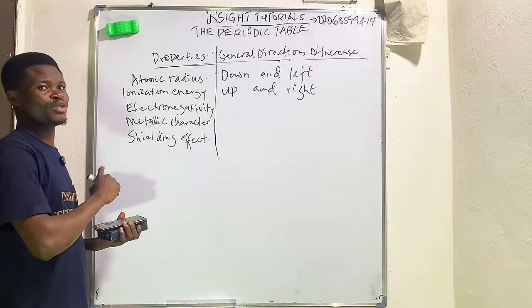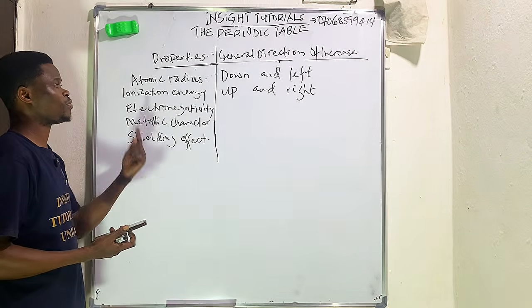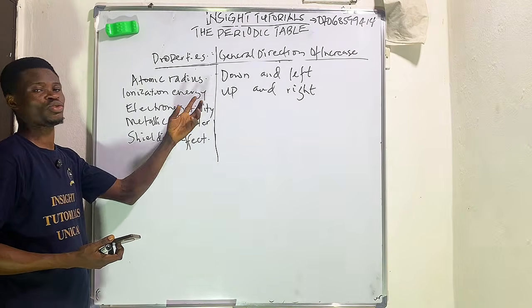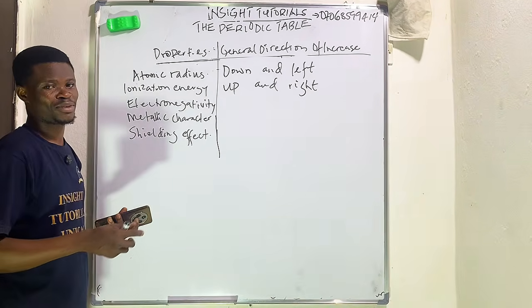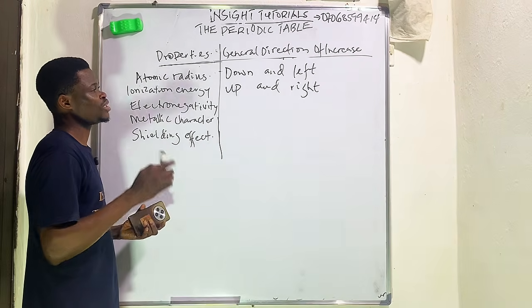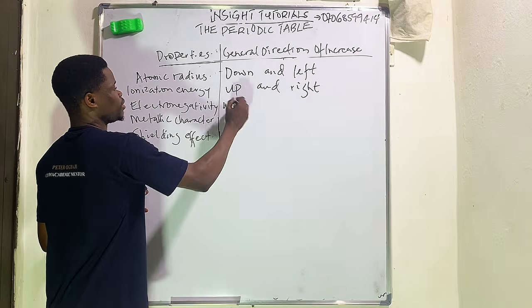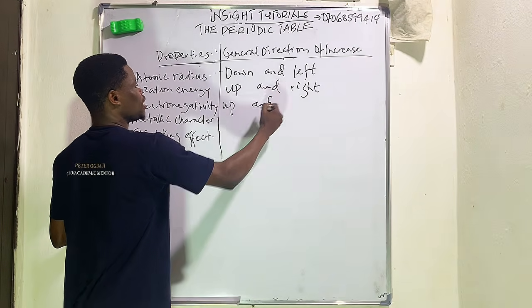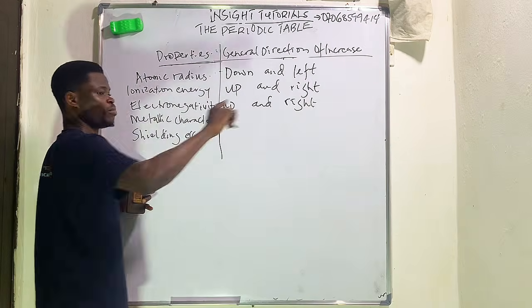So if you're going towards the right, ionization energy is increasing, and if you're going up the group, the ionization energy also increases. Next is electronegativity. Can you tell me the two ways in which it increases? Electronegativity increases up the group, and it also increases towards the right of the periodic table.